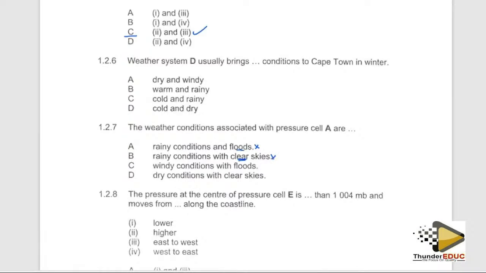Floods out, clear skies out, windy and floods. And like we know, floods are not weather conditions. If you look at option D, dry conditions and clear skies, not really.